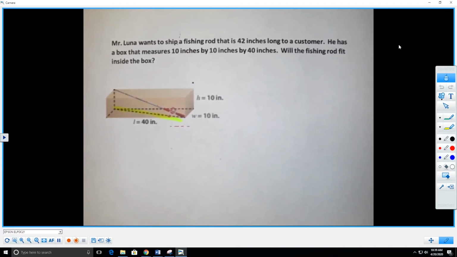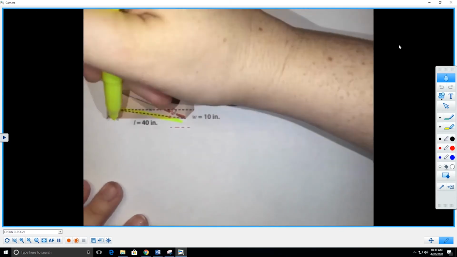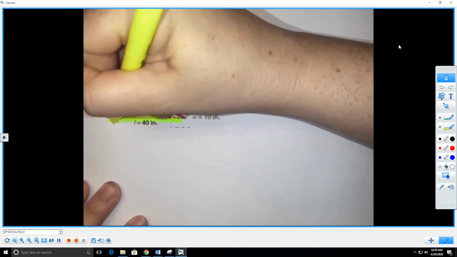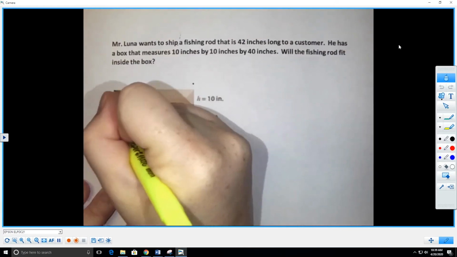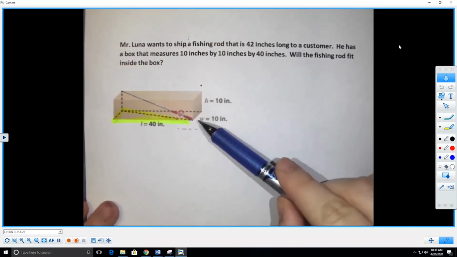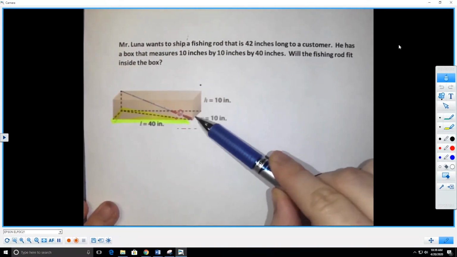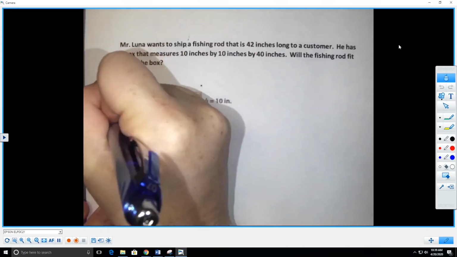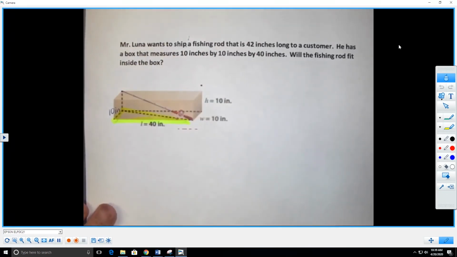What are the lengths of the two legs? Right, the lengths are 40 inches, that's one leg, and then this leg over here is going to be 10 inches because it's equivalent to this side. It says the width is 10 inches, so this is 10 inches.